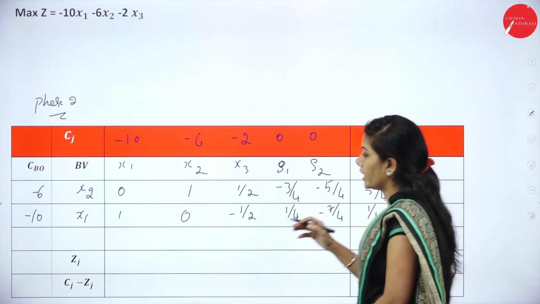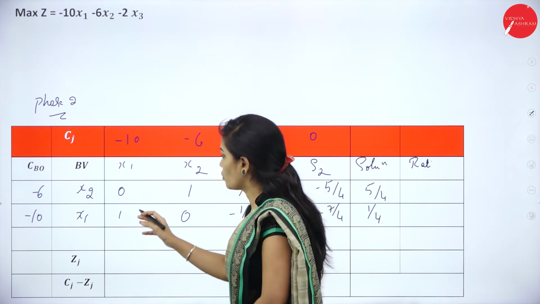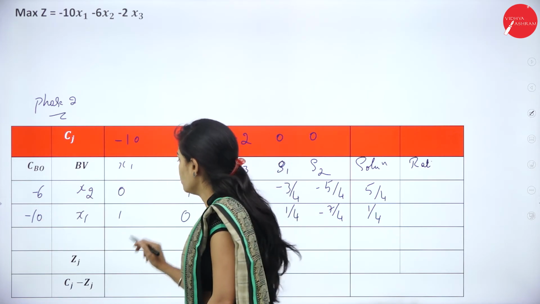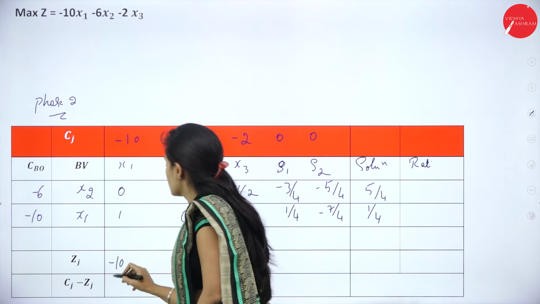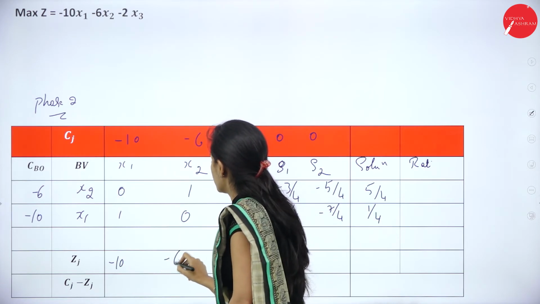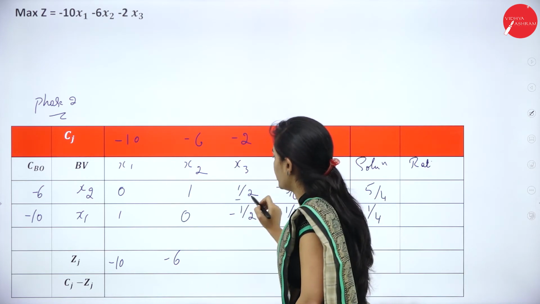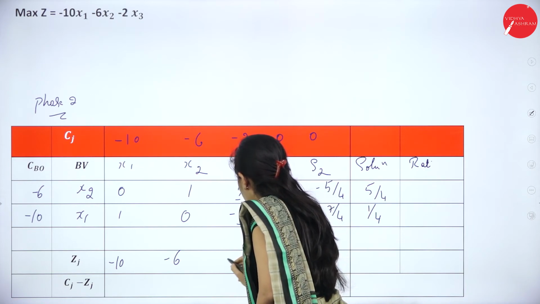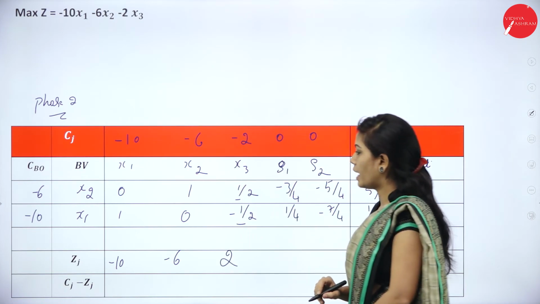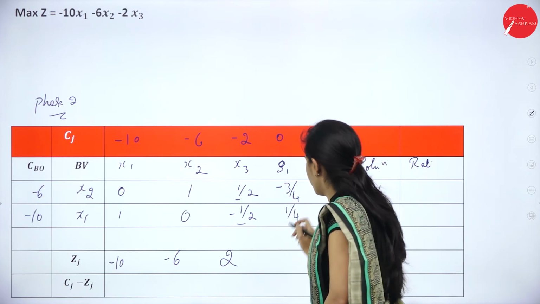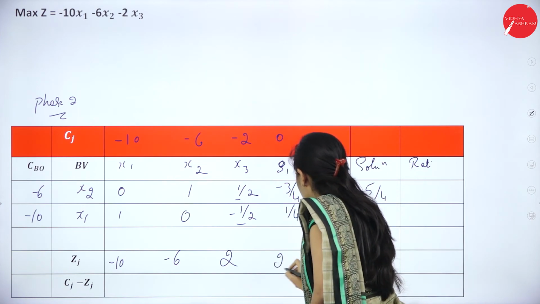So now you can find the Zj value. What is Zj? Minus 6 into 0 plus minus 10 into 1, so it is minus 10. And minus 6 into 1, it is minus 6. Minus 6 into 1 by 2 plus minus 10 into minus 1 by 2, so you will get 2. And minus 6 into minus 3 by 4 plus minus 10 into 1 by 4, you will get 2.